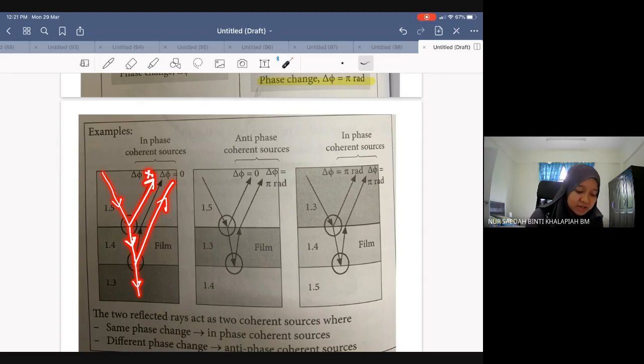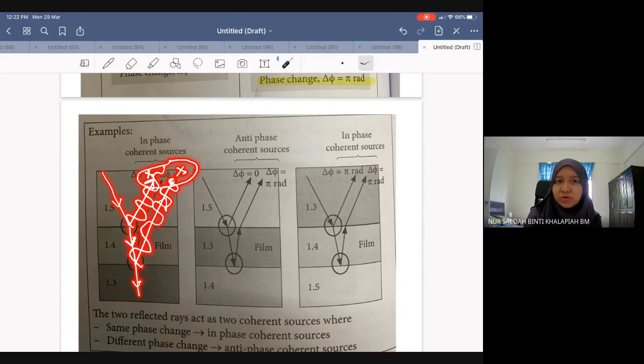So reflected ray 2 has no phase change. The value of phase change is 0. So these two reflection rays will interfere. Sebab dia kan satu light and ni adalah light yang kedua, it is very close together and it will interfere.